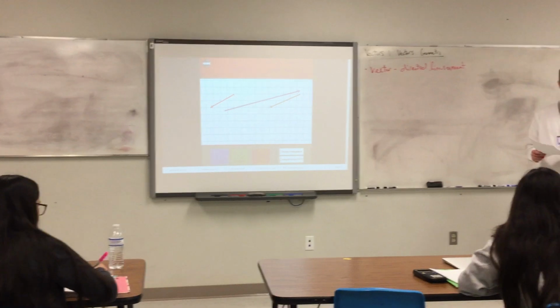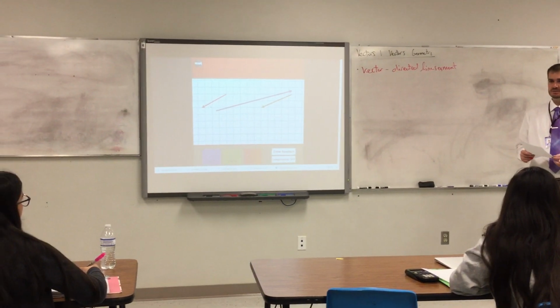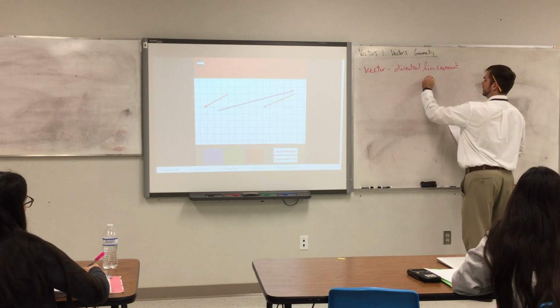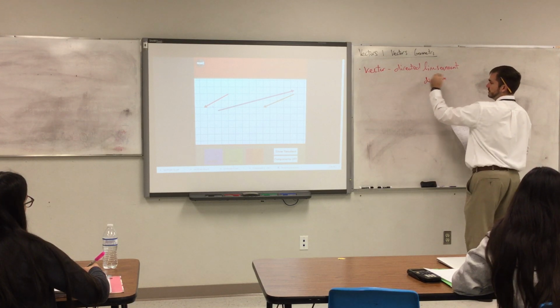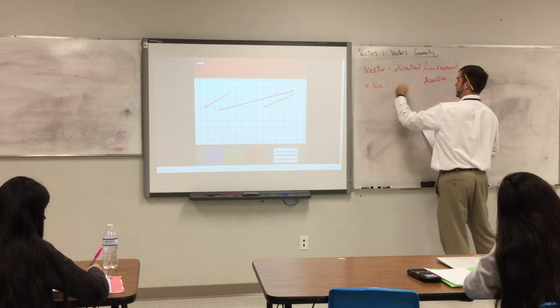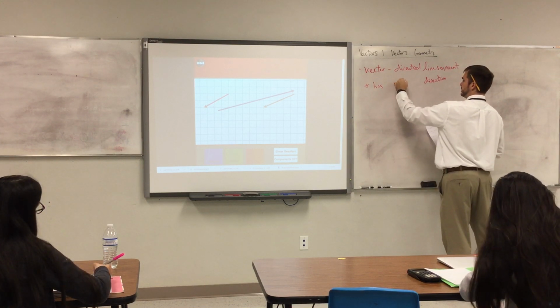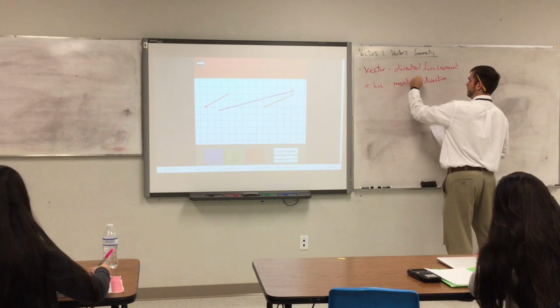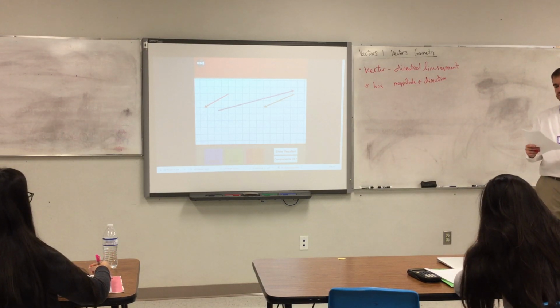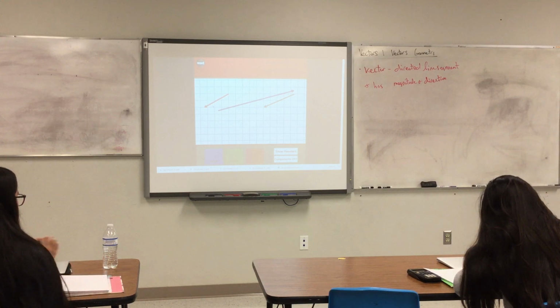Anybody want to guess what those 2 pieces of information are? Direction is one of them. Say again? Magnitude. We'll say it has magnitude and direction. So 2 pieces of information. That's what a vector is.